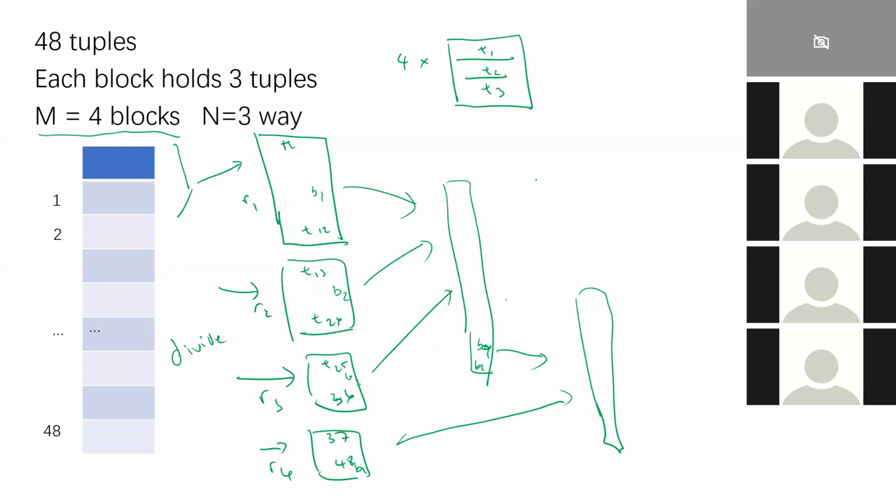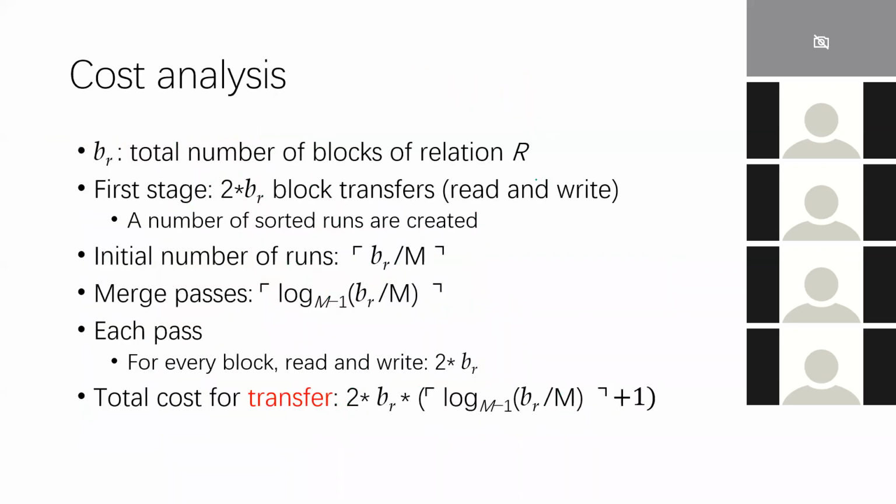Now some analysis. Let's say BR is the total number of blocks of relation R. In the first stage, it requires 2 times BR block transfers. This is where we create the sorted runs, R1, R2.